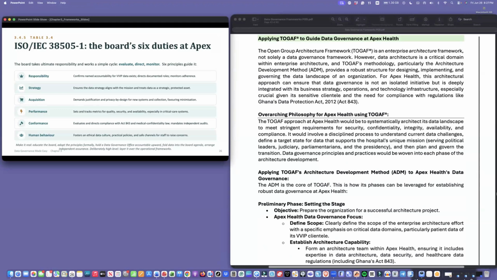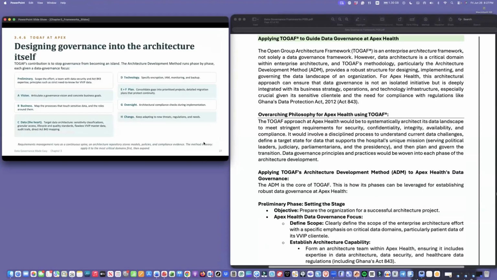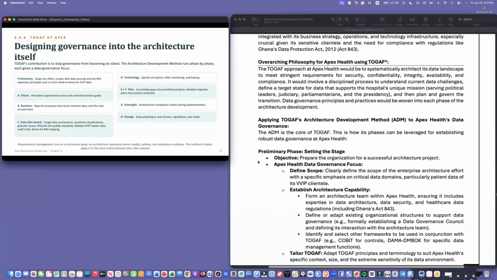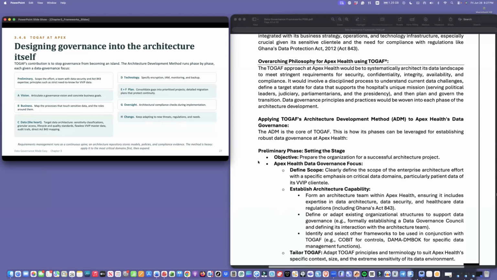There is an enterprise architecture. That means that from day one, when we are developing the system, we will make sure that we build data governance into the architecture of the organization. As we are setting up the organization's business, technology, applications, and policies, we would include data governance policies.